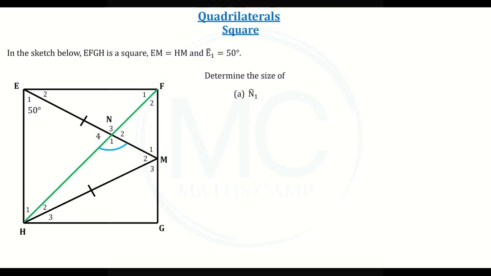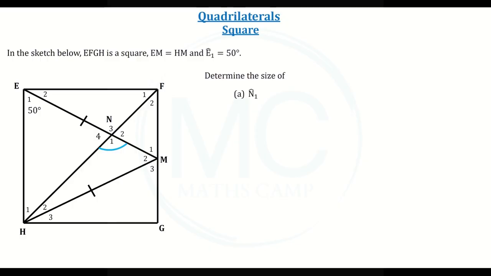But EM, let's make it red, is not a diagonal because it runs from E to a point M which lies on side FG. Diagonals of a square may be perpendicular, but since EM is not a diagonal, we cannot be sure if N1 is 90 degrees. So let's make these lines black again and see what else we can work with.